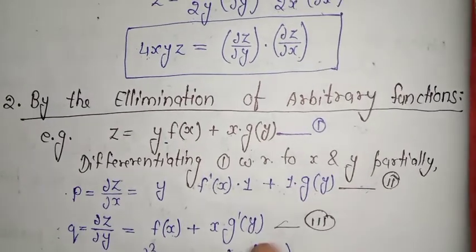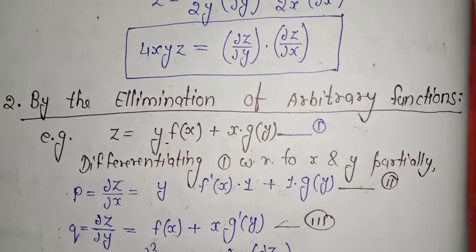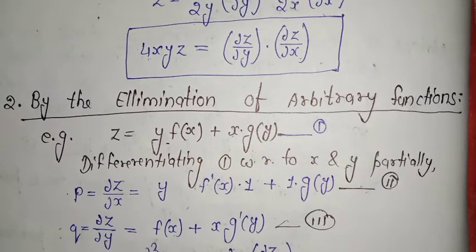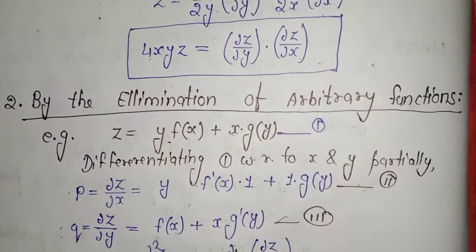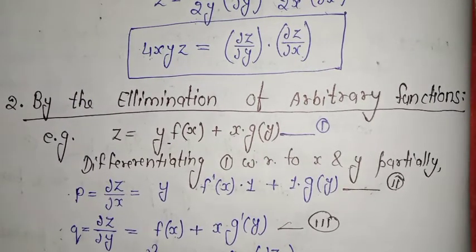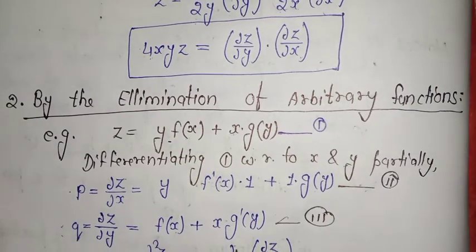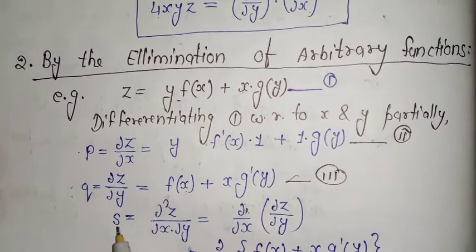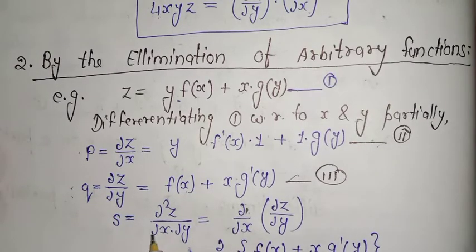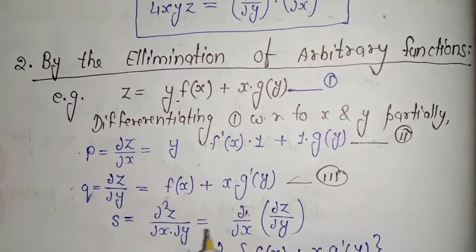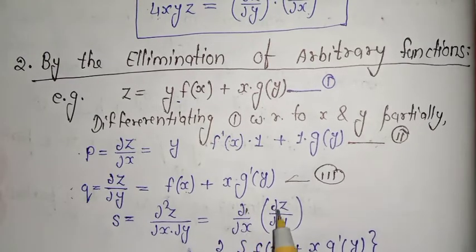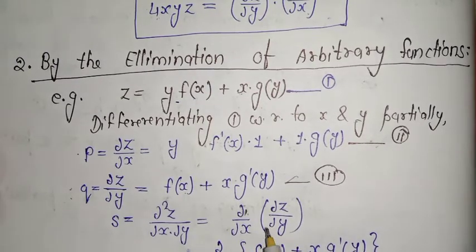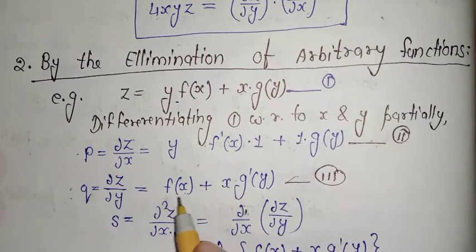Now you can see with these three equations we cannot eliminate the arbitrary functions, so we have to use our mind to eliminate them. If I write the value of s, that is ∂²z/∂x∂y, it can be written as ∂/∂x of ∂z/∂y, and the value of ∂z/∂y is given here.